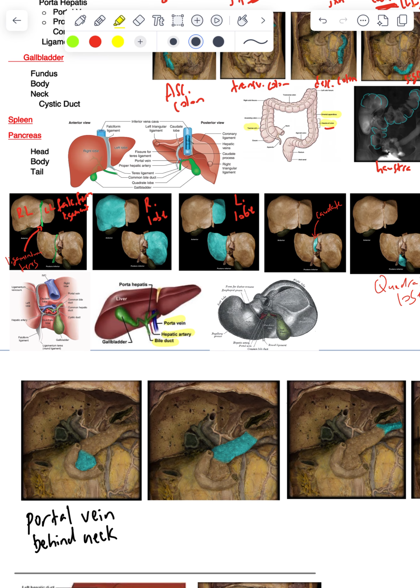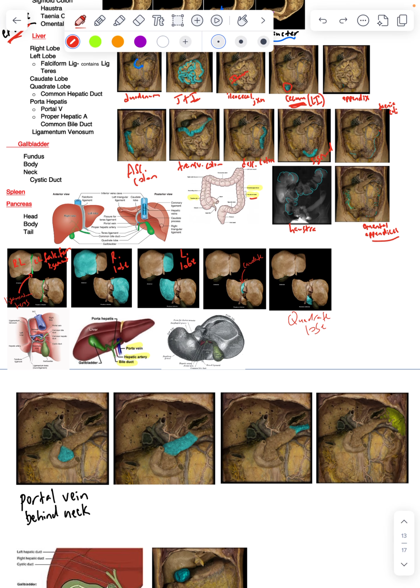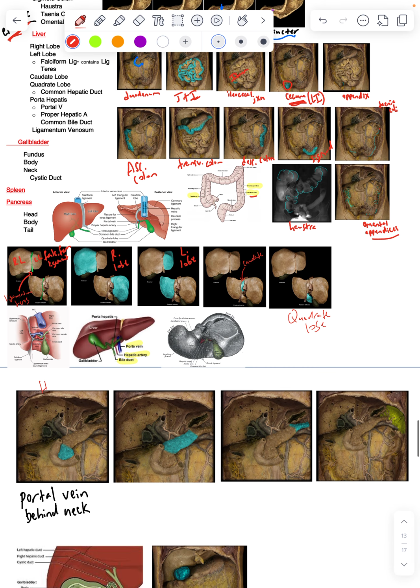Your portal vein, the location of it when you're looking at the abdomen, is actually behind the neck of the pancreas. So if we're looking at the pancreas, this right here would be the head of the pancreas. And the whole middle part is your body.